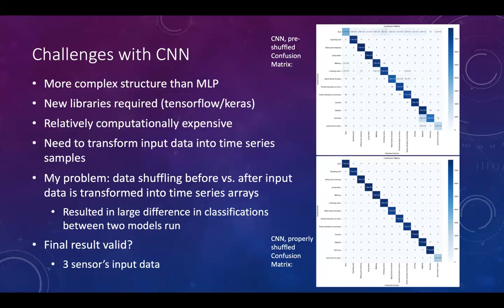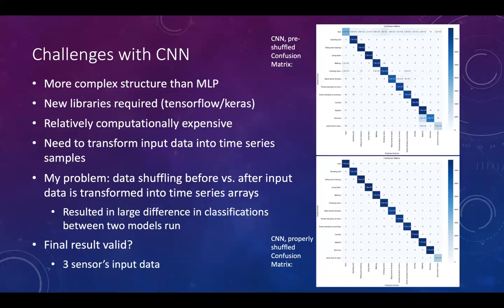And so essentially, the sequential nature of the data was lost before I was able to chunk them into these time series samples.